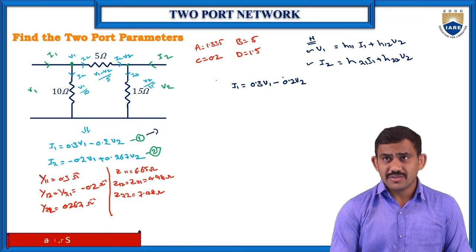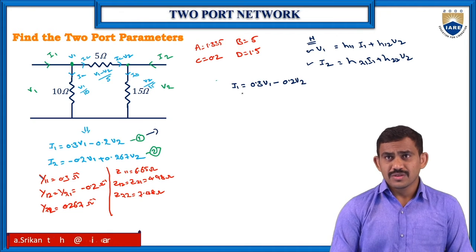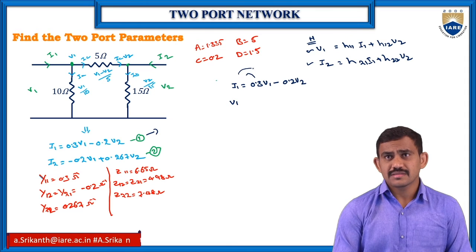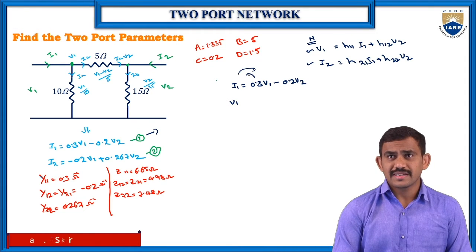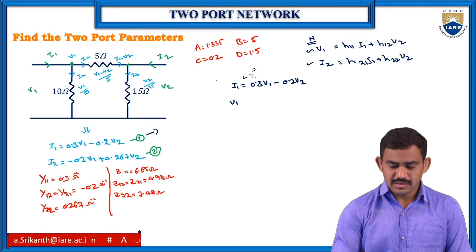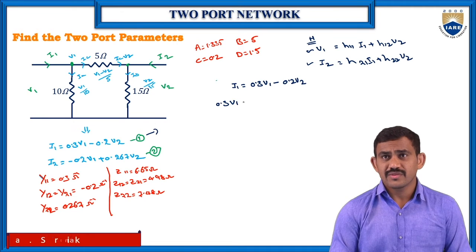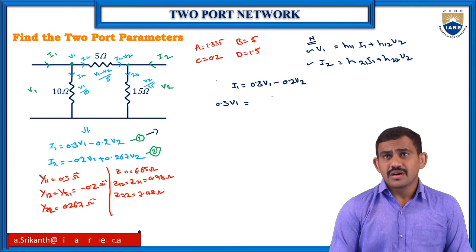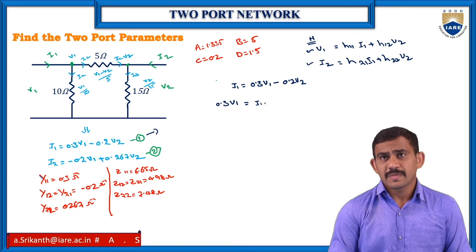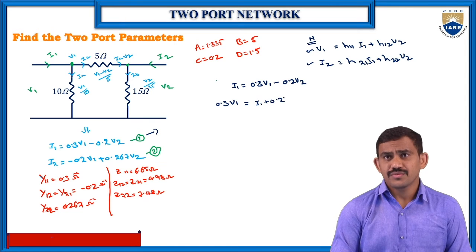So convert this equation into V1 form. Here we have 0.3 V1 equal to I1 plus 0.2 V2.